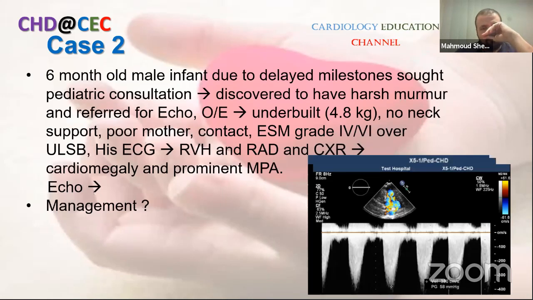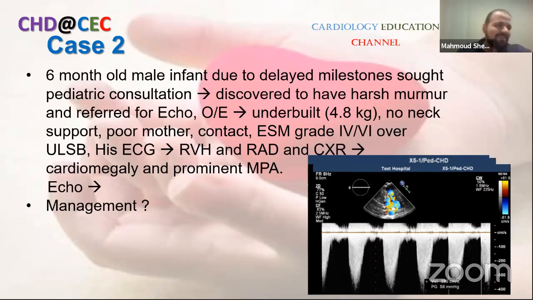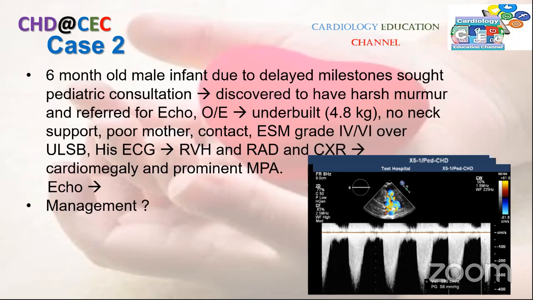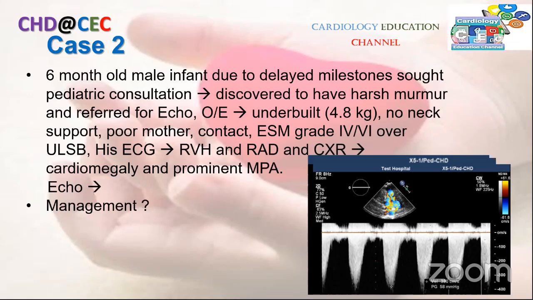So what do you think about the management, Khalid, in this case? I think you managed this case very well. Never mind the slide. I think this is the other spectrum of valvular PS. We are facing a child with severe valvular PS, and as I mentioned in the previous case, there is always a correlation between symptoms, the investigations, and the management.